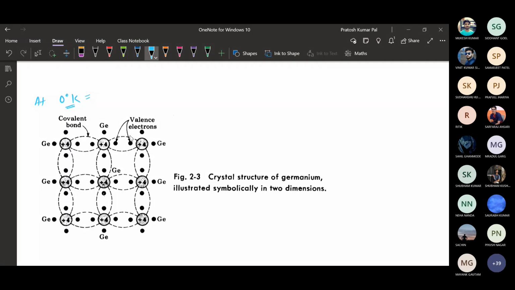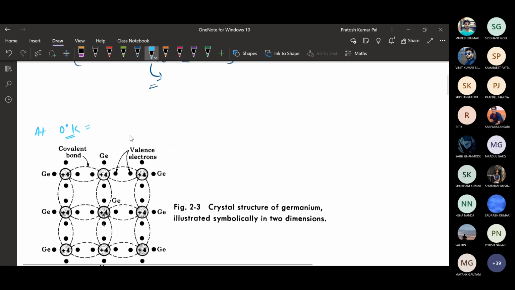This interrelation between atoms by sharing electrons is called a covalent bond. So initially at 0 Kelvin, the valence electrons available in tetravalent elements are shared by the 4 neighboring atoms.